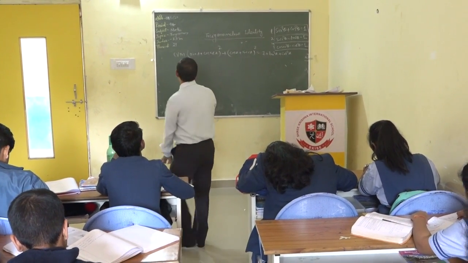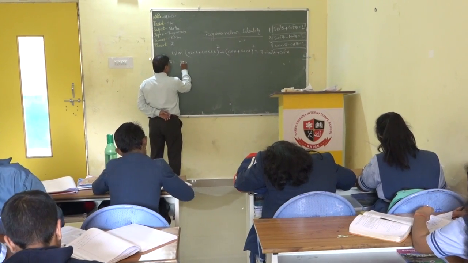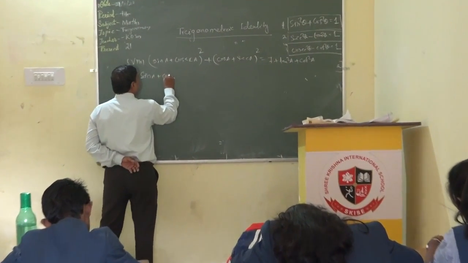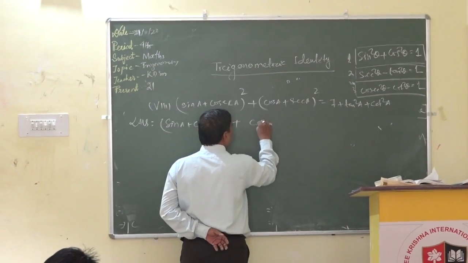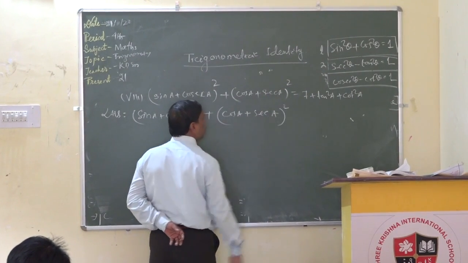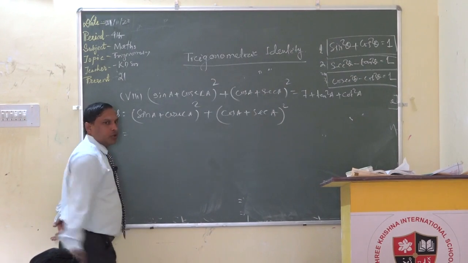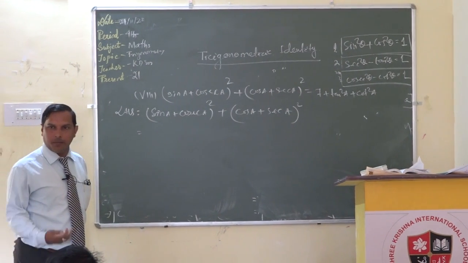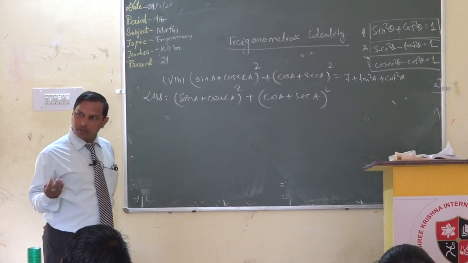Clear? So first you take the LHS, left hand side of this question, that is (sin A plus cosec A) whole square, then plus (cos A plus sec A) whole square. See how we are doing this. First, (A plus B) whole square is equal to what? A square plus B square plus 2AB.